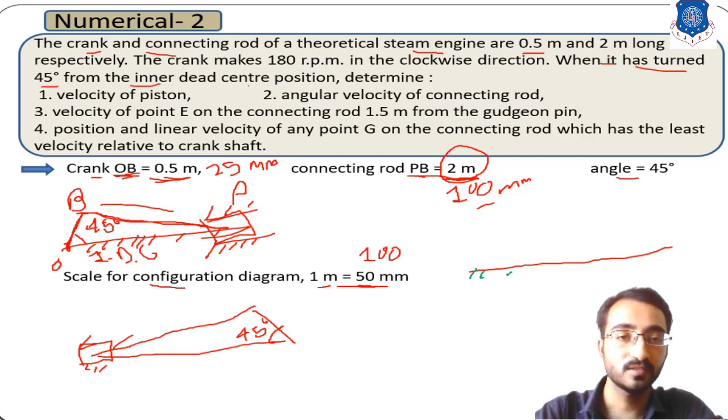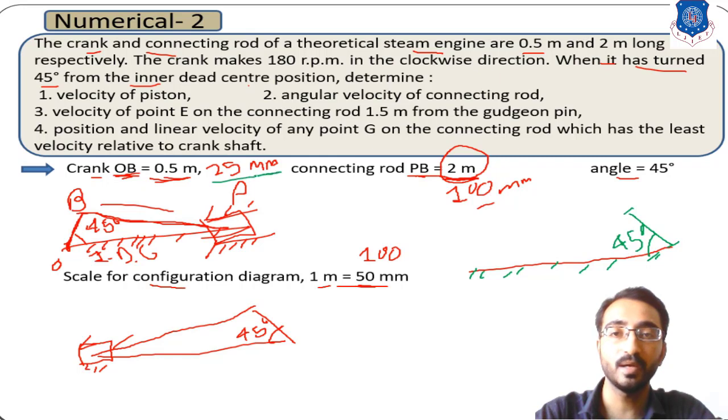With reference to this fixed line, if you consider your crank at this position, you have to sketch one line at an angle of 45 degree, and the length of this line is 25 mm from the scale. So you have to sketch one line of 25 mm at 45 degree.